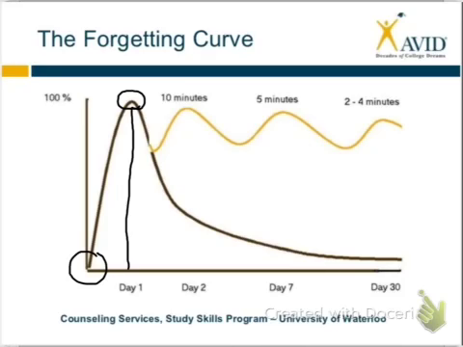Then on day 2, if the information isn't revisited, 50 to 80% could be lost. But if you return to that information for about 10 minutes, you're more likely to go back to that 100%.